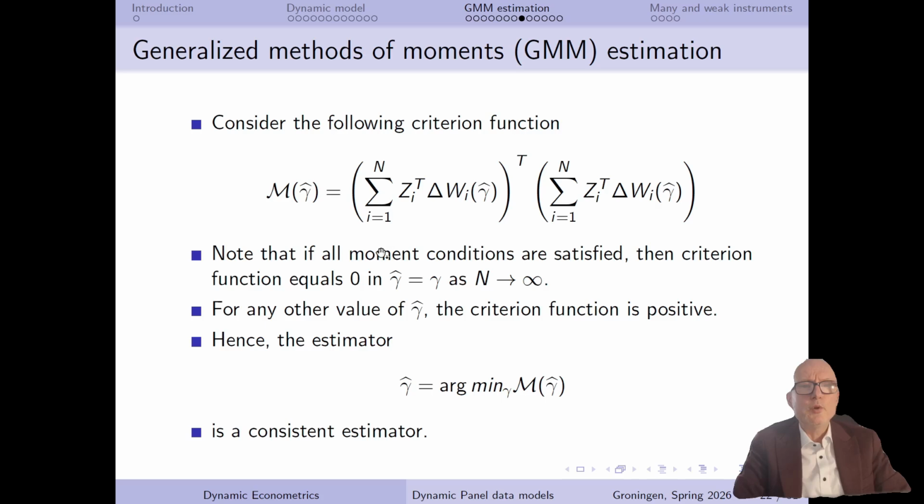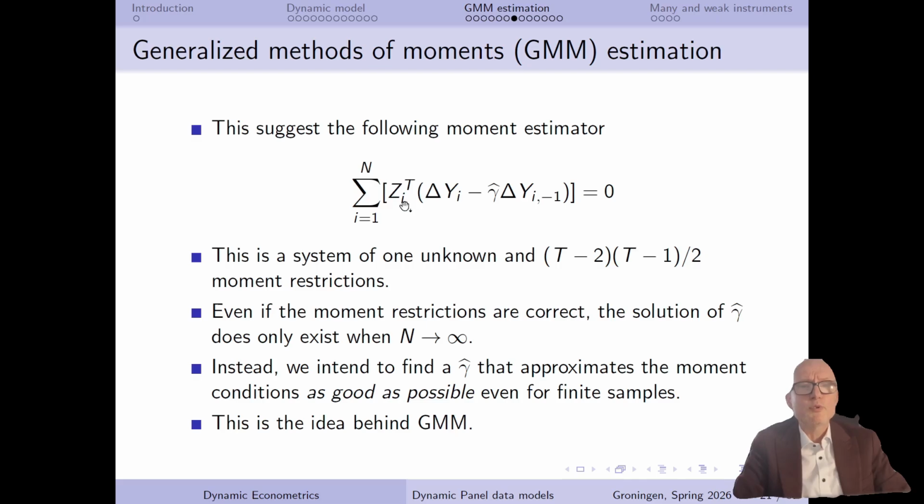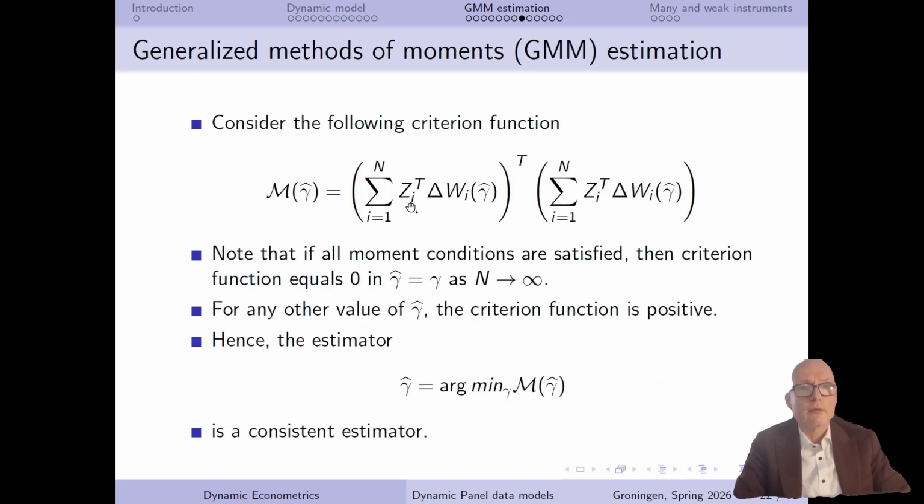In GMM, we usually are going to introduce a criterion function, and that I'm going to denote here by script Q, as a function of m(gamma hat). And what is it? Well, first of all, here between the parentheses we have essentially nothing else than the left-hand side of the moment restrictions that we had at the previous slide. That is this thing over here.